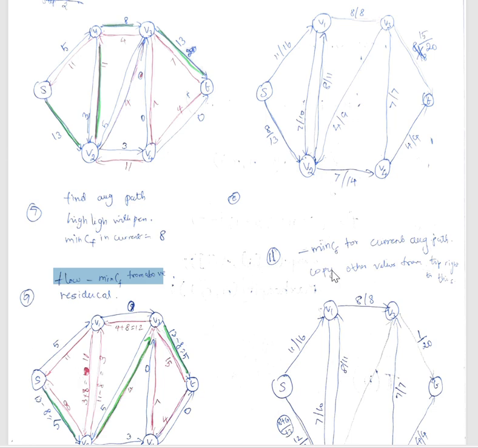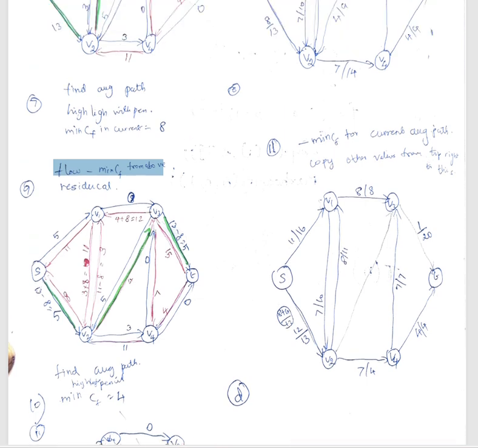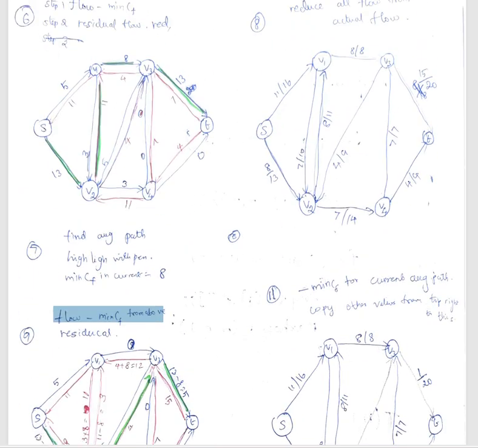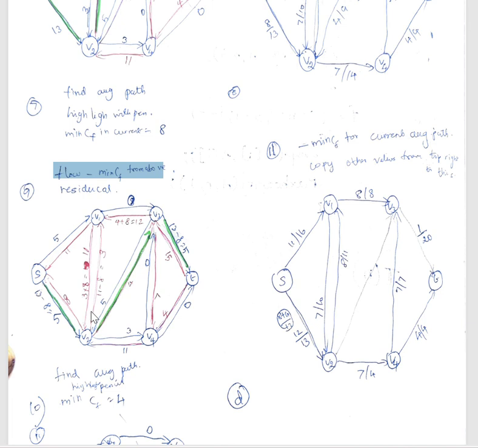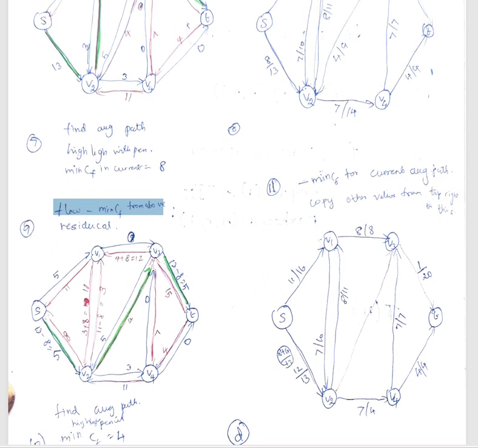We get one graph, and then we need to draw the residual. Here we used 8, so we represent that 8 with the red colored pen. And on the right side, we need to maintain overall how much flow we used out of the actual flow, in the current path.